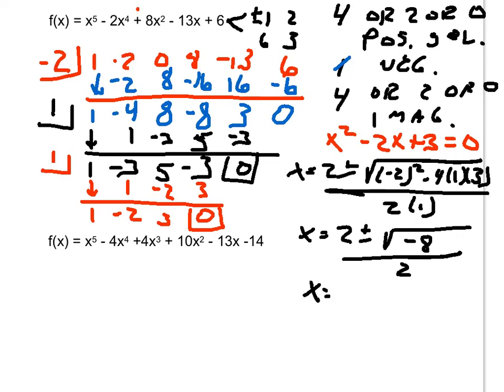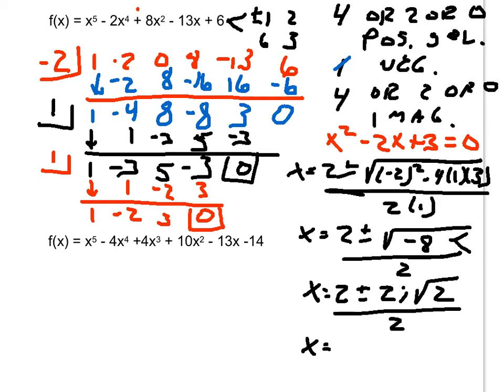So x equals 2 plus or minus, breaking this whole thing apart, we should have 2i root 2 all over 2. So this 2 down here will divide these 2's here. So we can go ahead and do that. x equals 1 plus or minus i root 2.